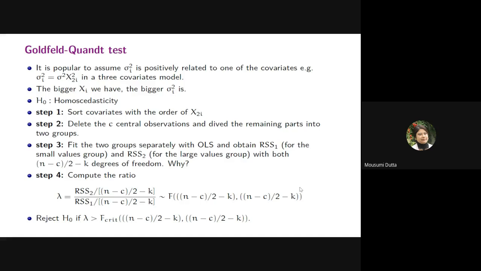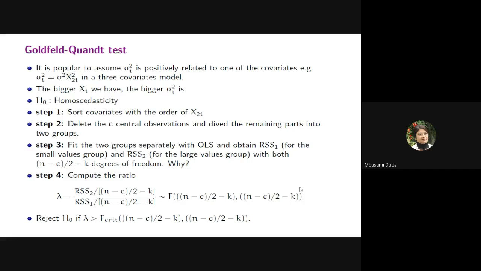However, if we find that there is a statistical difference between the two residual sums of squares, in that case we will consider the case as heteroscedasticity. Now, to check the significance, we need a test statistic. Here we will bring a ratio lambda, which will be the ratio of RSS2 by RSS1, each divided by its degrees of freedom, each following the chi-square distribution.